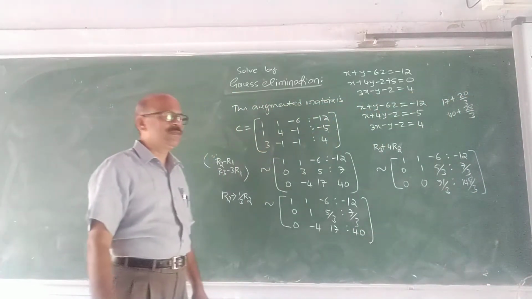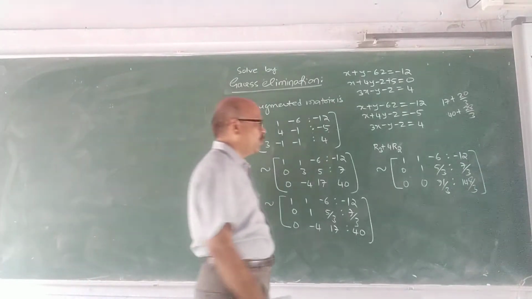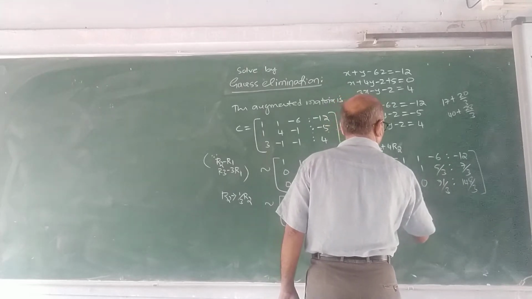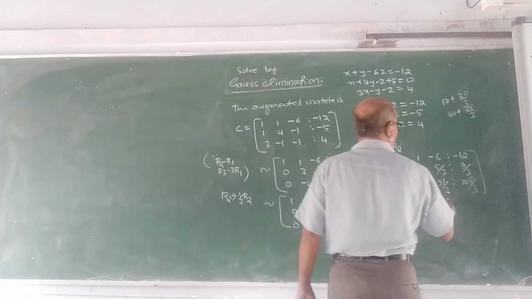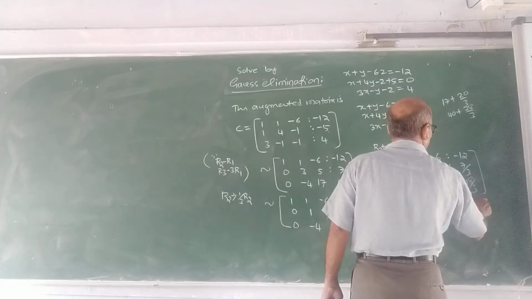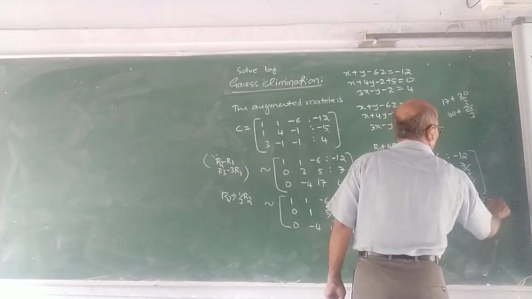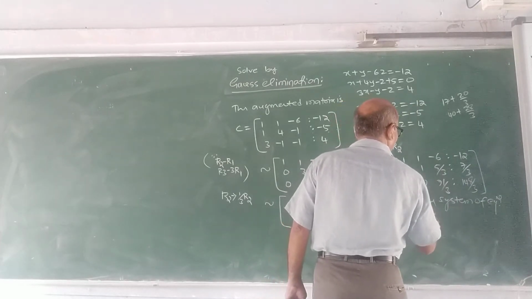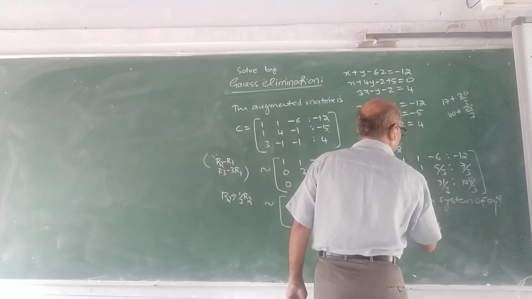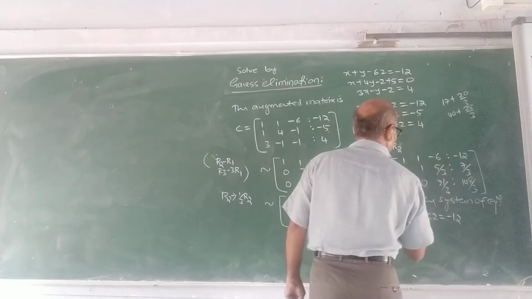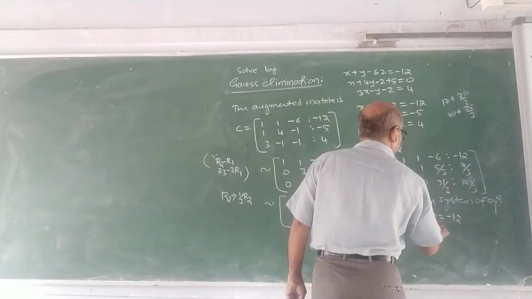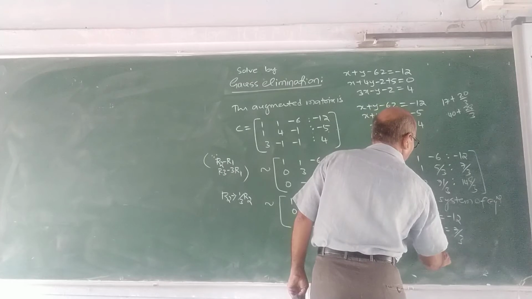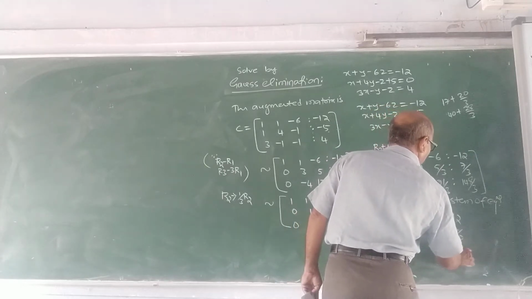Elements below the principal diagonal are 0. Therefore, rewriting the system of equations, we get x plus y minus 6z is minus 12, y plus 5 by 3 z is 7 by 3, 71 by 3 z is 148 by 3.